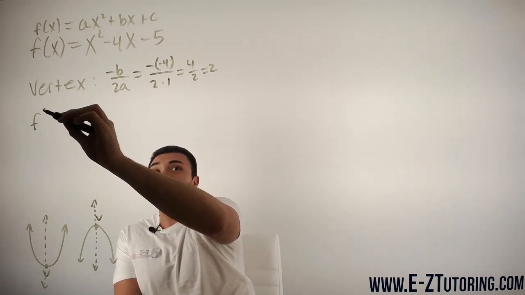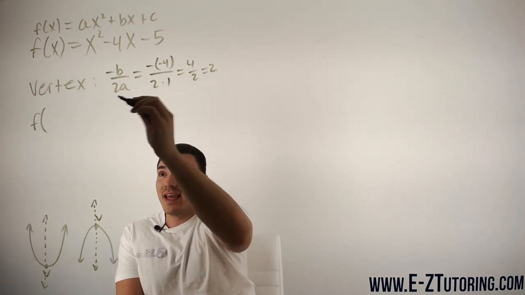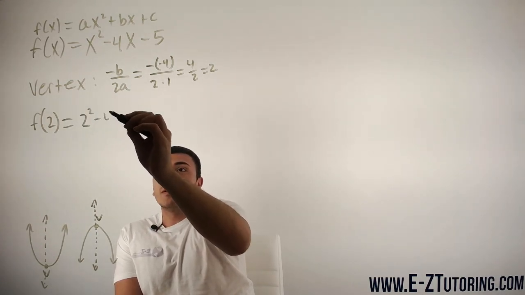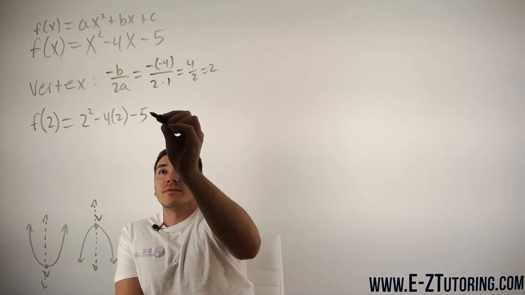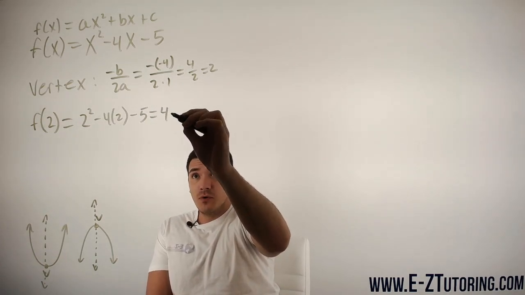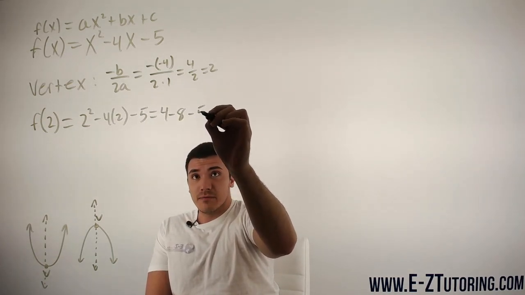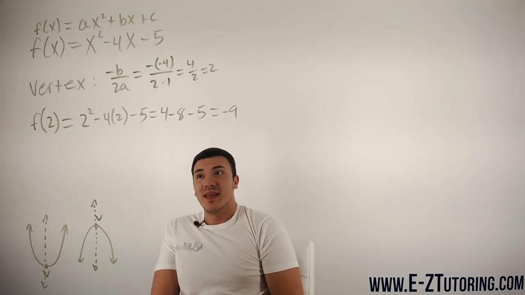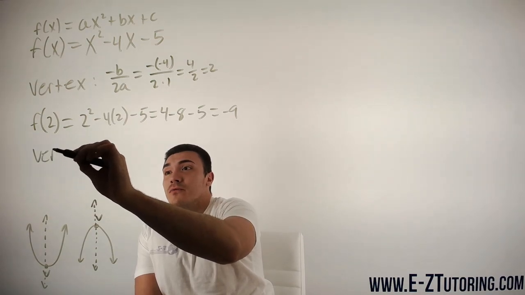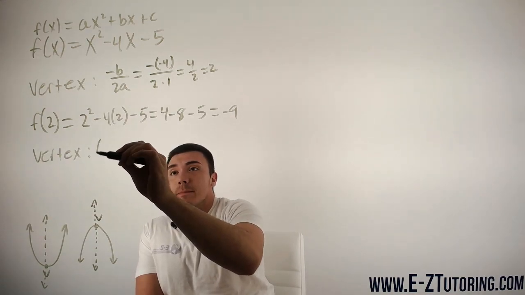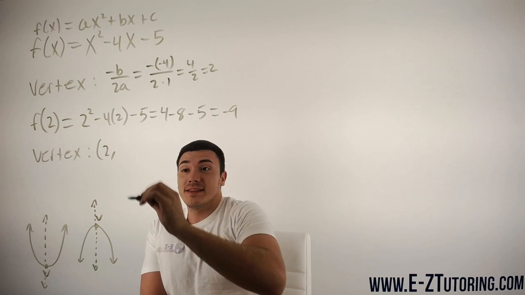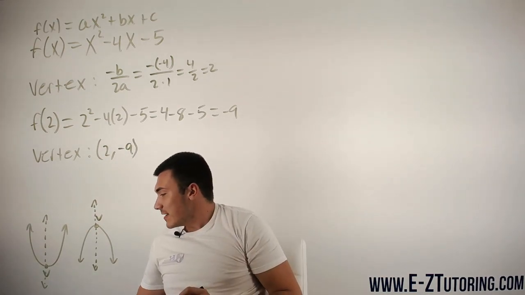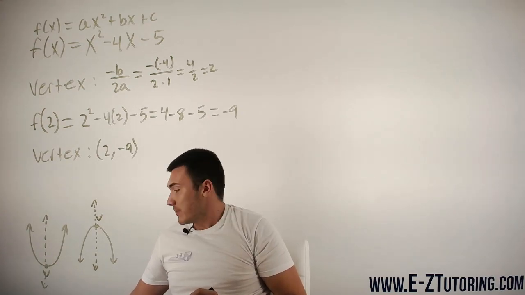So we will do f of the x coordinate we just found. When we do this, we get 2 squared minus 4 times 2 minus 5, which is equal to 4 minus 8 minus 5, which is equal to negative 9. So now we know that our vertex is at 2, that's the x coordinate, negative 9, and that is the y coordinate that we got after plugging it in.